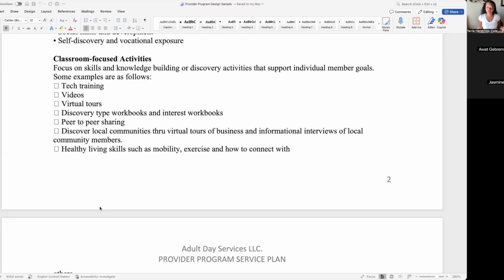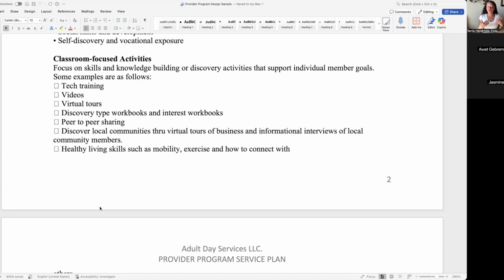Another very difficult service to implement, just because, again, you need more skilled staff that can continue to teach a person with intellectual disability. It may even be helpful to have an educational background, which means you have to pay a little bit more than you would an entry level staff that's providing that socialization aspect of service.